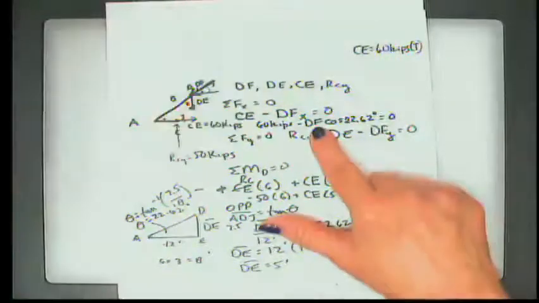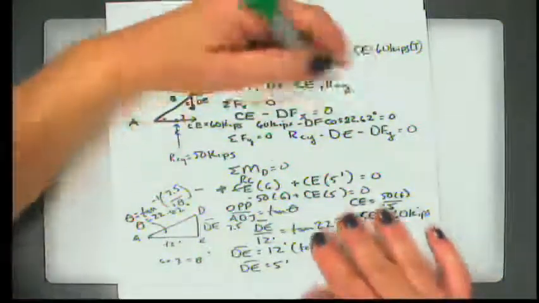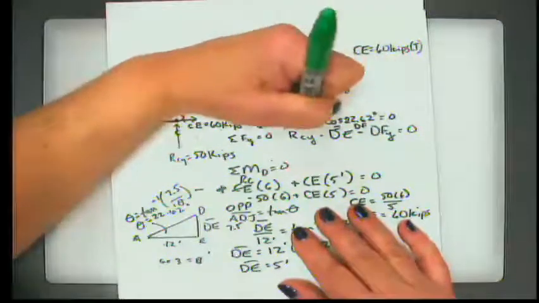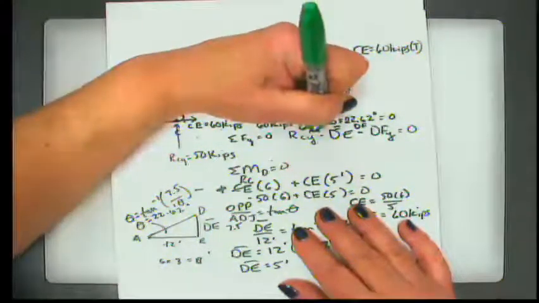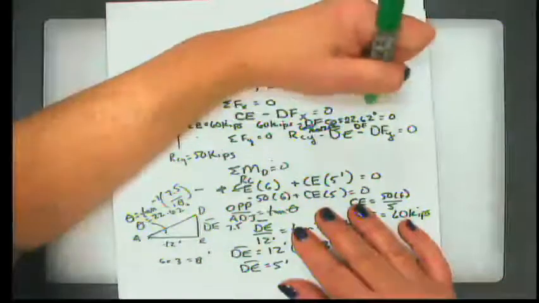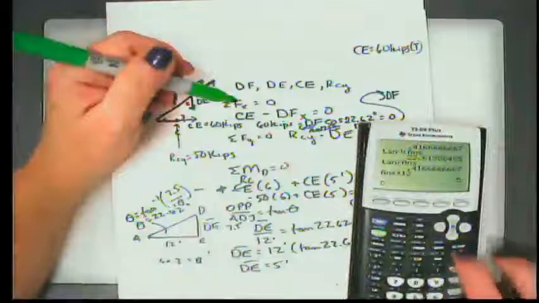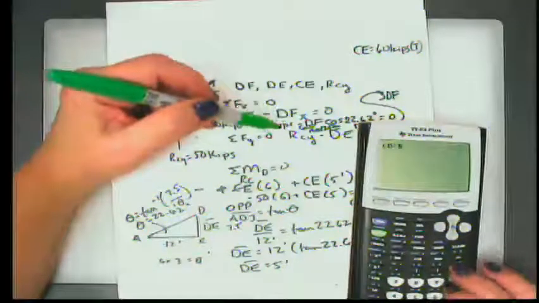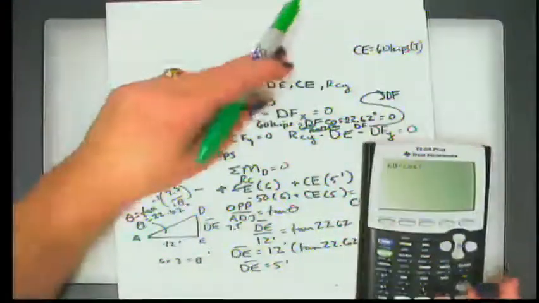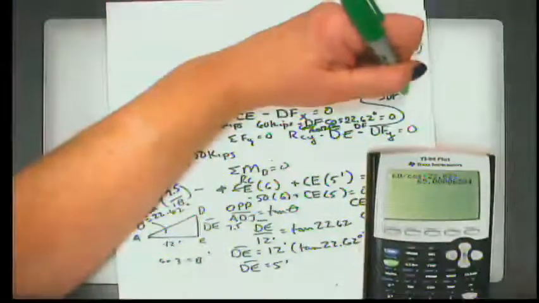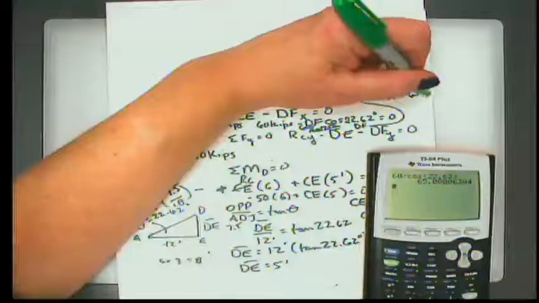Those things equal 0, and I can solve for D sub F. D sub F then is 60 over the cosine of 22.62 degrees. So DF, the value is 60 divided by the cosine of 22.62 degrees, and that value then is 65 kips.